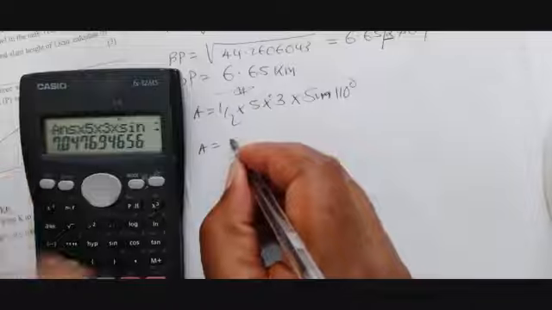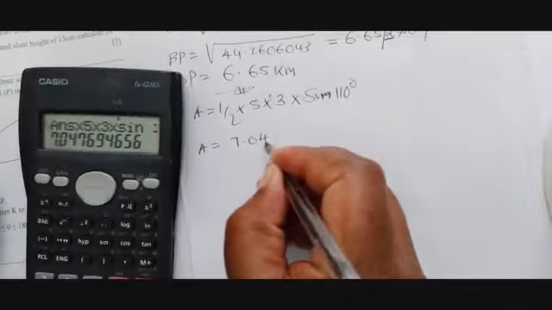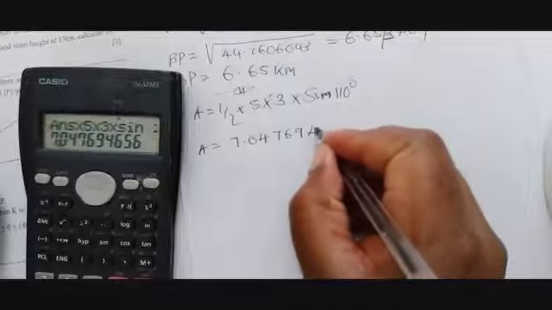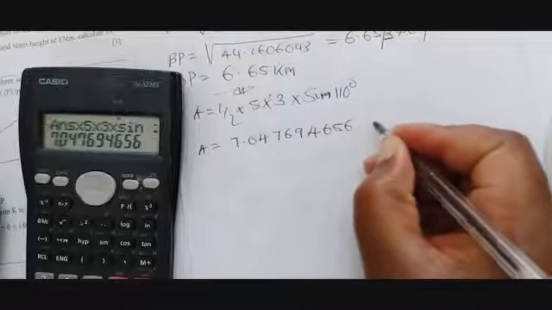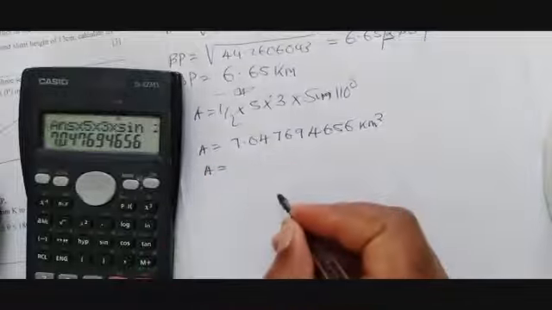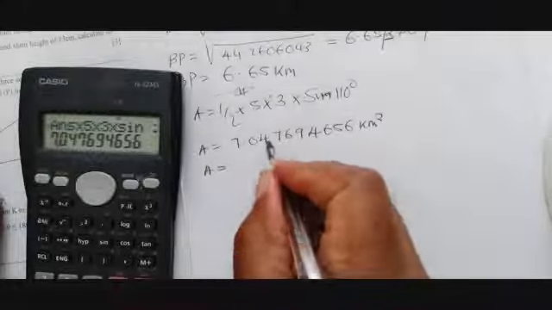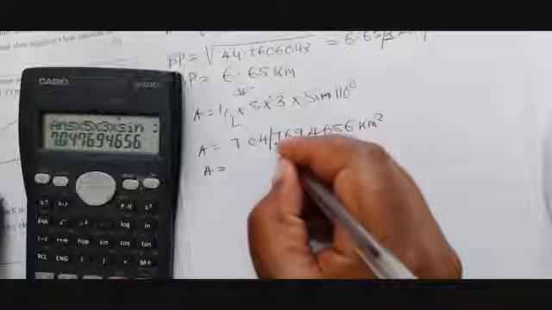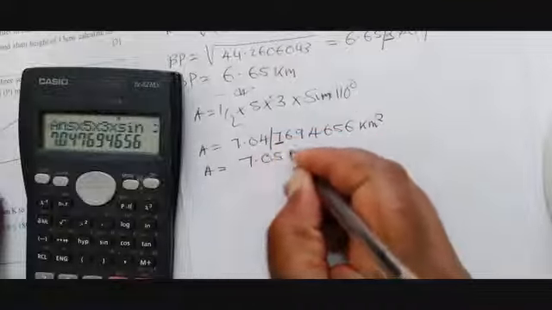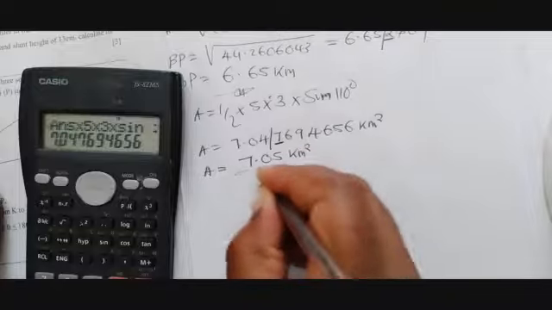You have 7.047694656 square kilometers, alright? You round this to 3 significant figures, 1, 2, 3. We'll cut here and consider this one as 1. 1 plus 4, 5. So 7.05 square kilometers as your answer. Okay?